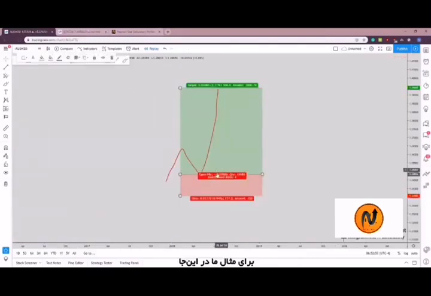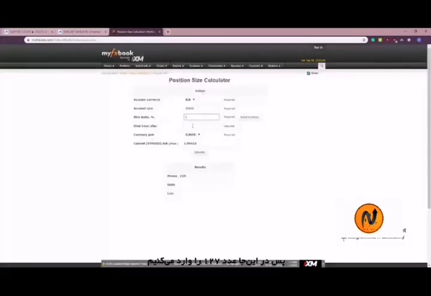In our particular situation, we were on AUD NZD, and on AUD NZD we are risking 127 pips, and we want these 127 pips to be 1% of our account. So let's put 127 pips, and let's select AUD NZD. We calculate, and you get 1.36 lots.